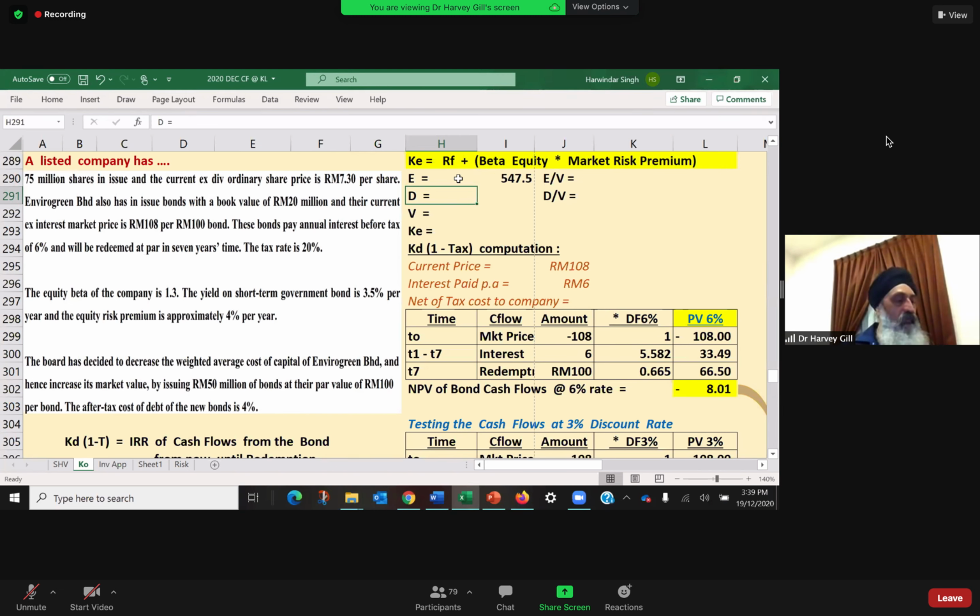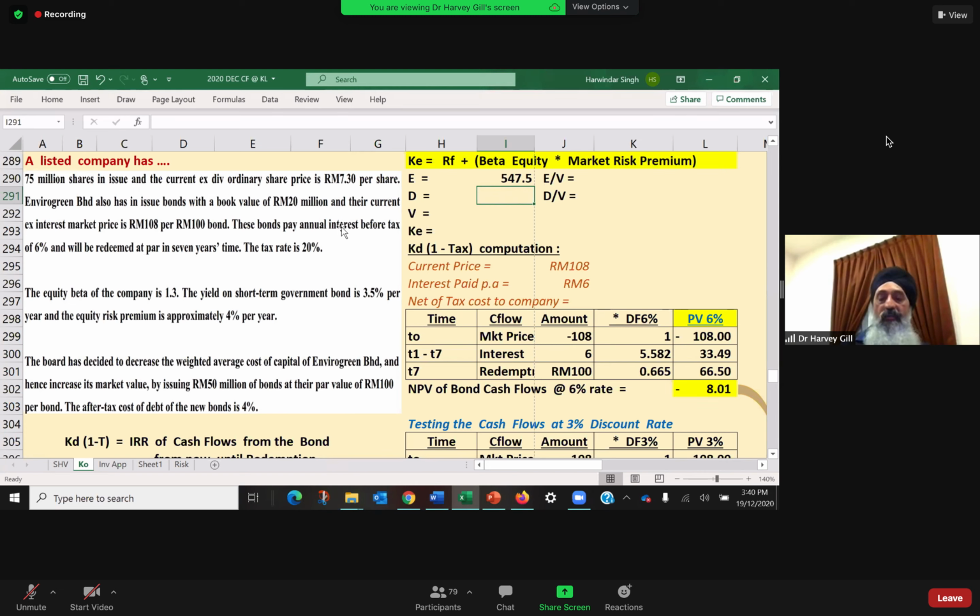Debt would be, you see now for debt, bonds have a book value of 20 million and their current market price is 108 per 100. Basically, this means that whatever is the market price, it is 108% of the book value, because 108 per 100 means percent.